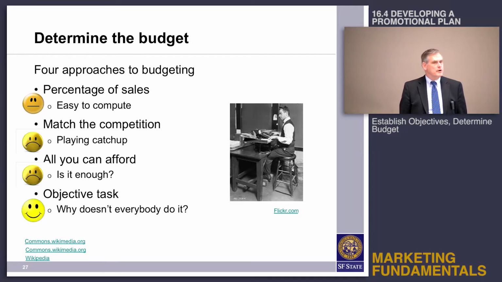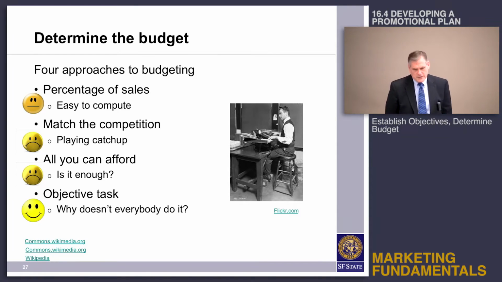The most common approach is the percentage of sales. So your marketing budget or your promotion budget is just some percentage of sales, 5% of sales, 3% of sales. The advantage is that it's easy to compute. The disadvantage is, you made it easy to compute. What's the disadvantage?